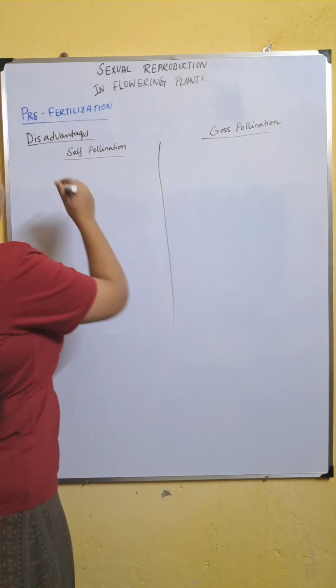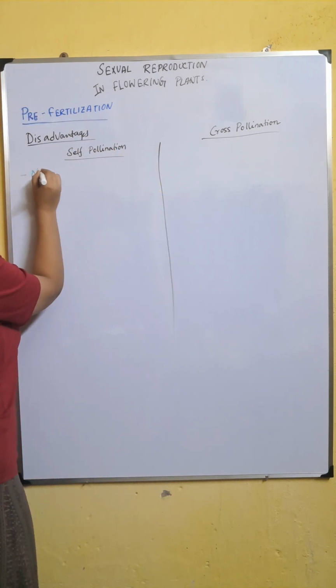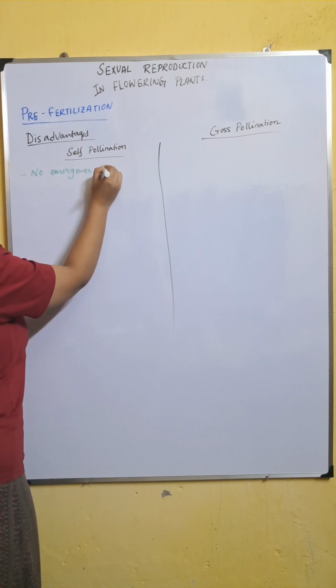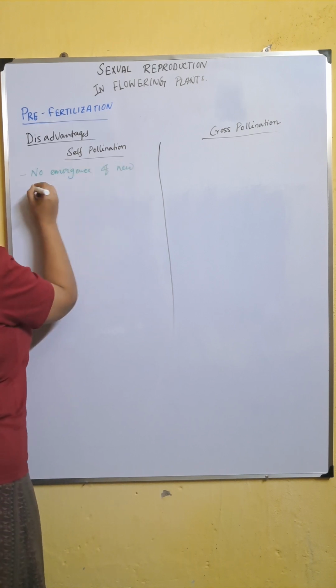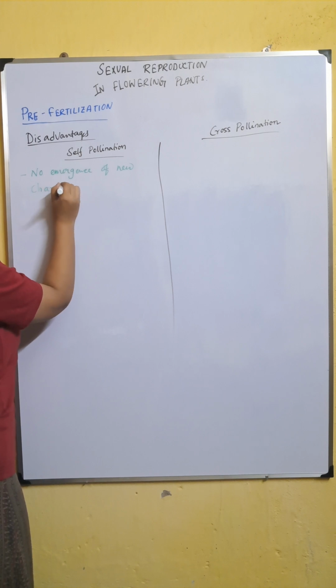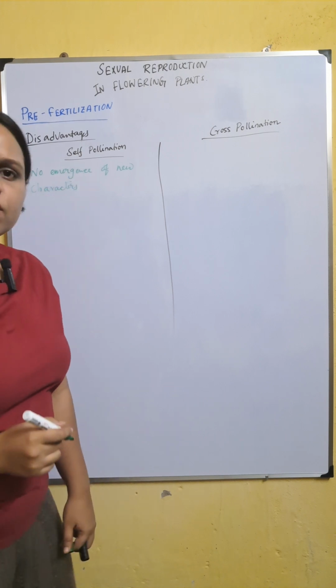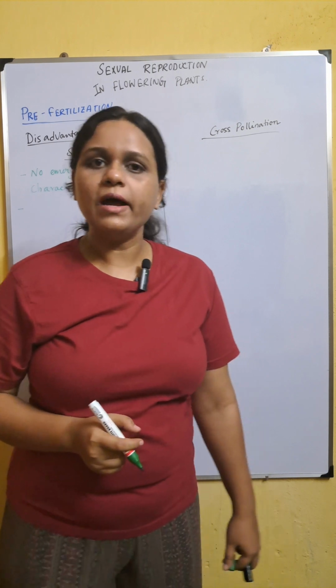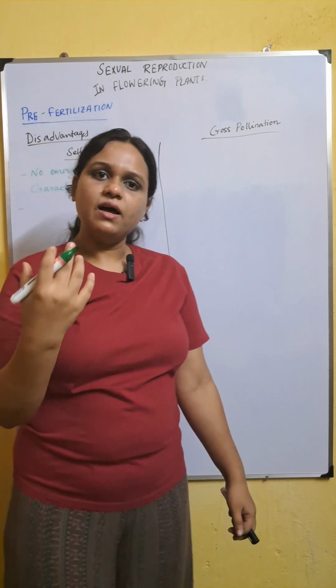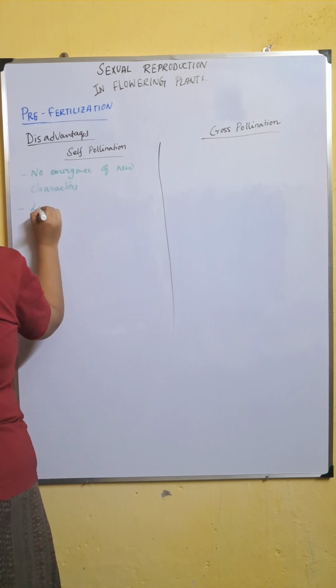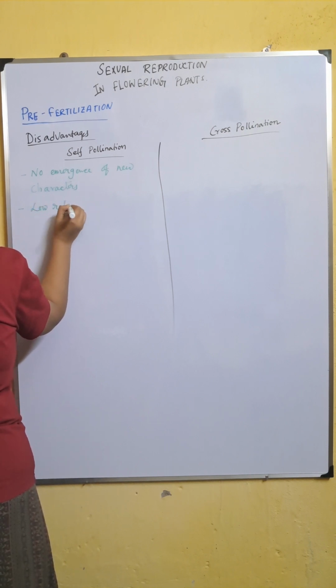In case of self-pollination, there is no emergence of new characters. So, if you don't have new characters, you are less adaptable to evolution. Low rate of adaptability.